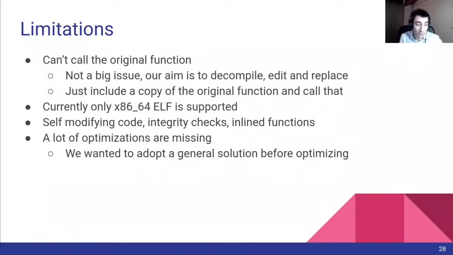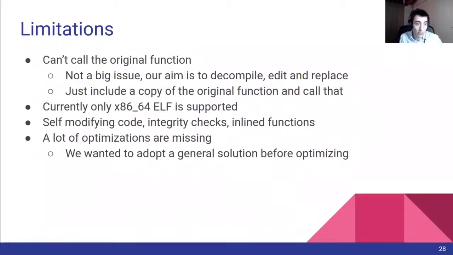A bigger problem that we have is inline functions, because when a function gets inlined, you lose the function boundary that you normally have when calling a function which was not inlined. So being able to replace that function basically means patching the whole function where the function that you want to patch was inlined into.